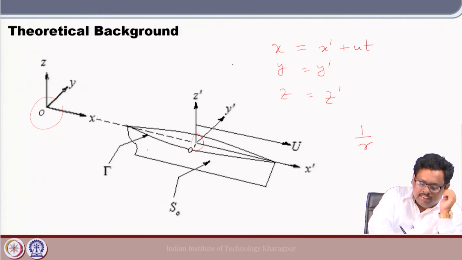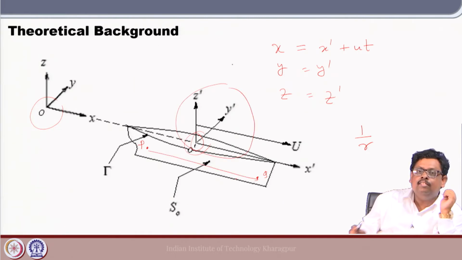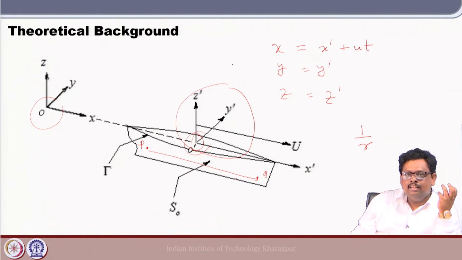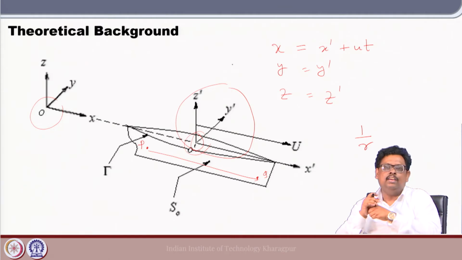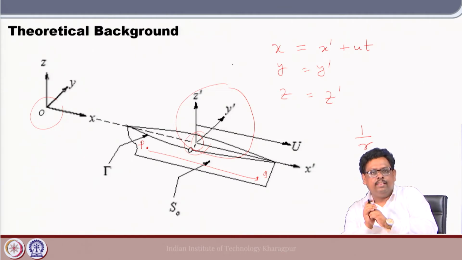If I define this field point P with respect to the source point Q in the reference frame of x dash, y dash, z dash, then this distance remains invariant, right, because I am moving with this velocity and then p minus q remains invariant.